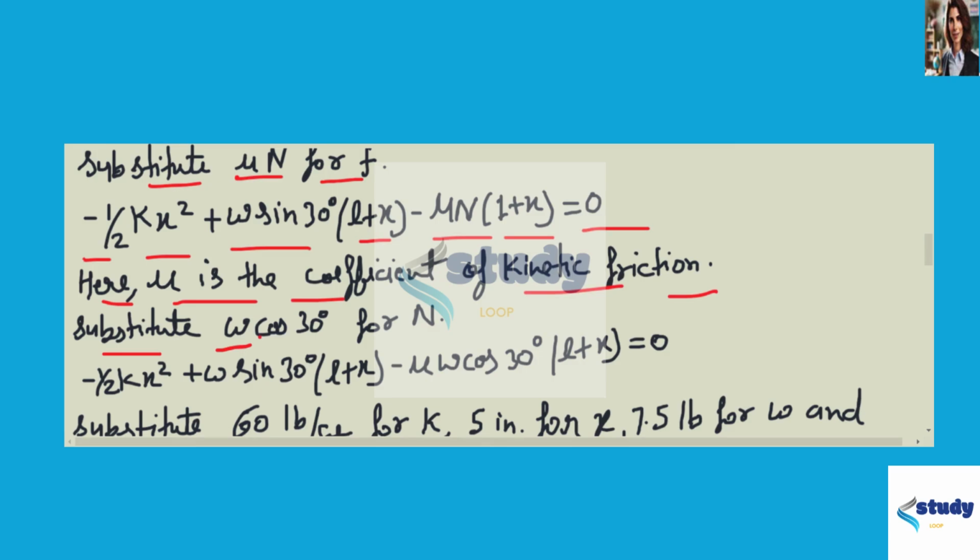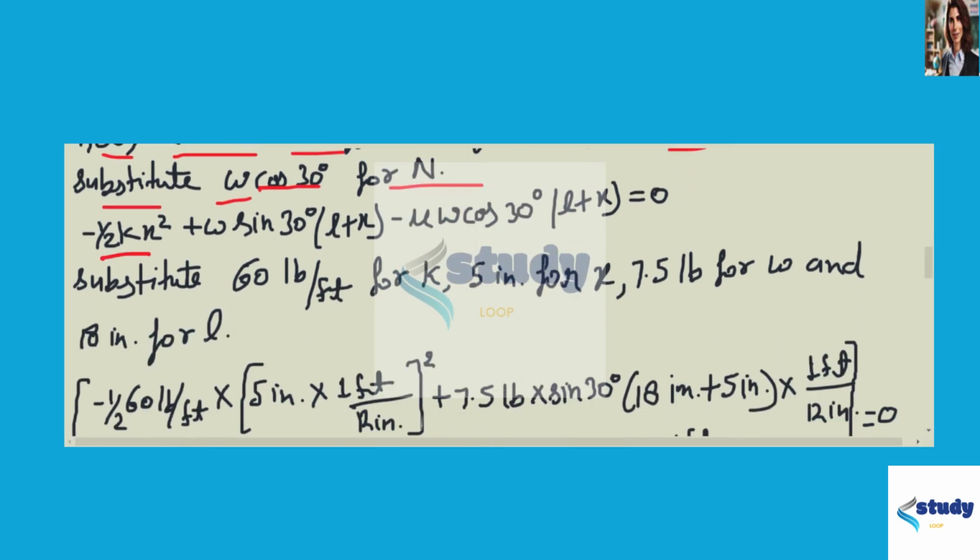Now substitute W cos 30 degree for N, and we get minus half k x square plus W sine 30 degree (L plus x) minus mu W cos 30 degree (L plus x) equals 0.